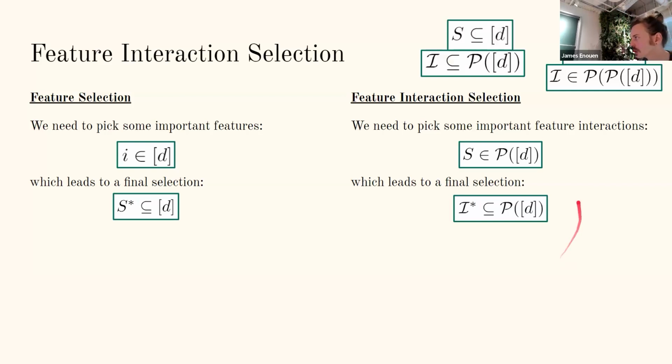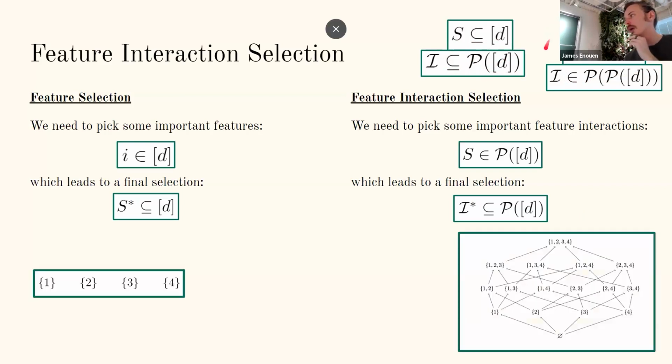There's all this notation about the power set. So we have I in the original set D, S in the power set, I in the power set of the power set, which is why I is a subset of the original power set and S is a subset of the original set. So it can be a little confusing, all this notation. But if we imagine feature selection, we have our 4 features, we're picking from those.